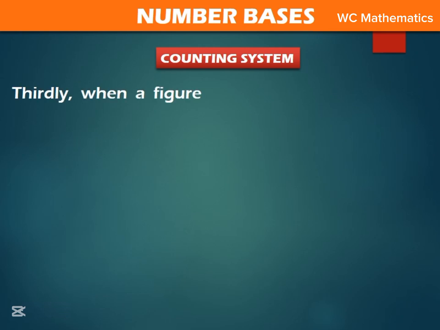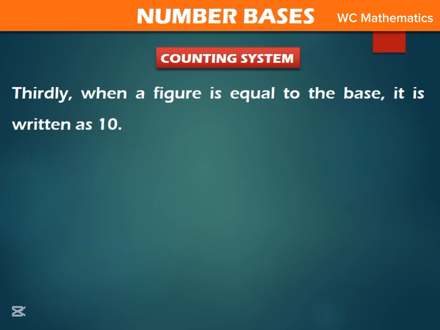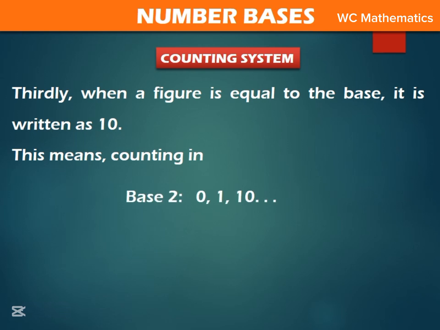Thirdly, when a figure is equal to the base, it is written as 10. This means counting in base 2 goes 0, 1, 10. Base 3 will be 0, 1, 2, 10.